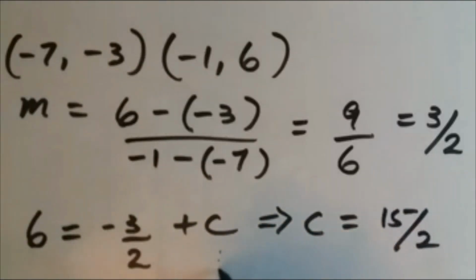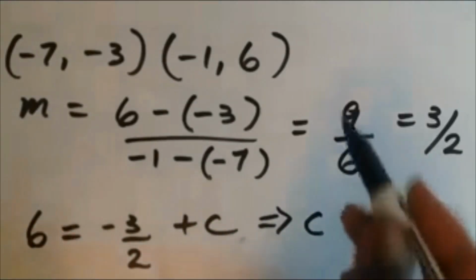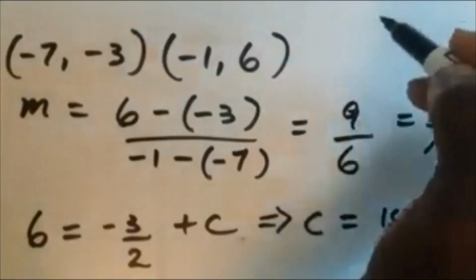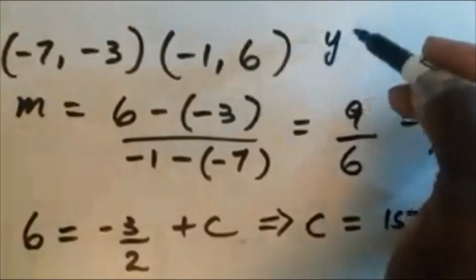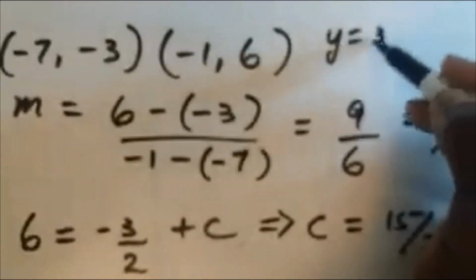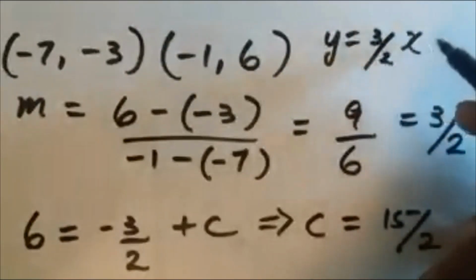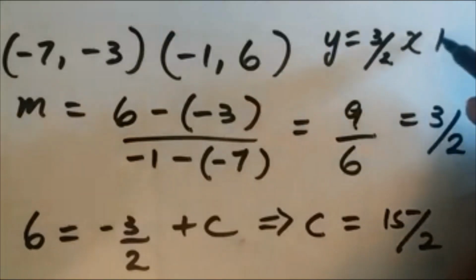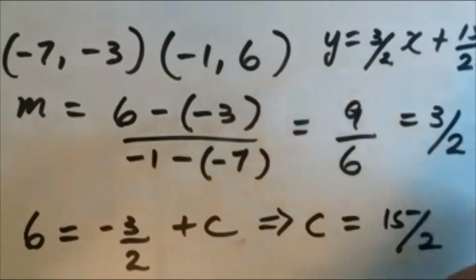So our equation is y is equal to, let's write it over here. Our equation now is y is equal to mx, 3 over 2 x, add c, add 15 over 2.